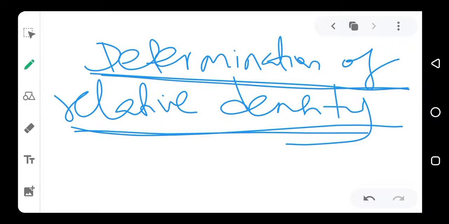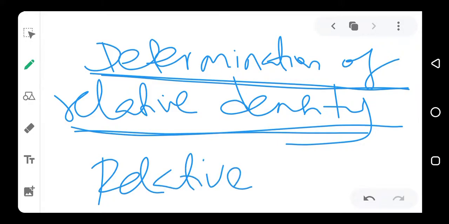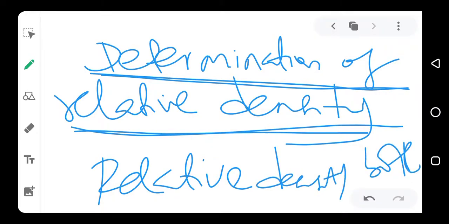To get the relative density of a substance, we use an apparatus called the relative density bottle. We've mentioned the relative density bottle in the previous lessons on density. This relative density bottle looks like this.